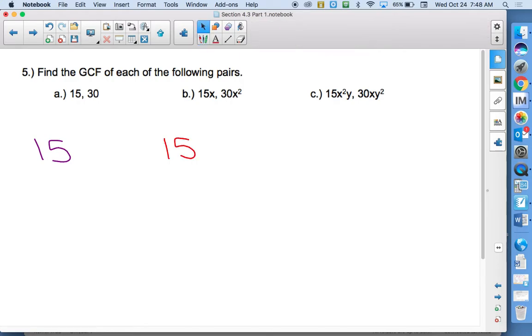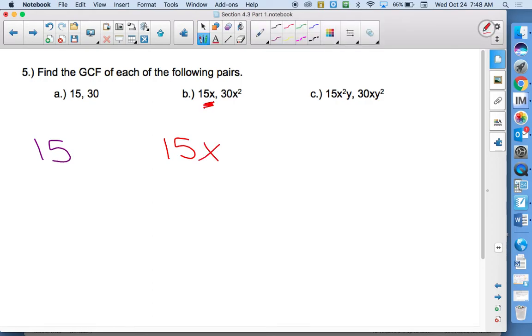And then looking at the x and the x squared, you have to ask yourself, what's the variable that they both have, and what's the largest power that they both could have? So the first one has an x, the second one has an x squared. What's the largest power that they both have in common? So Julian, what would you say for letter B? Yeah, it's 15x.